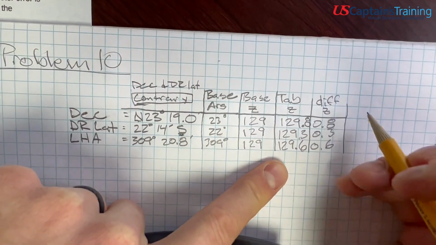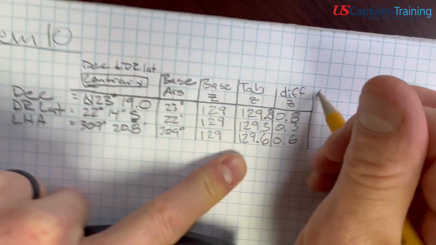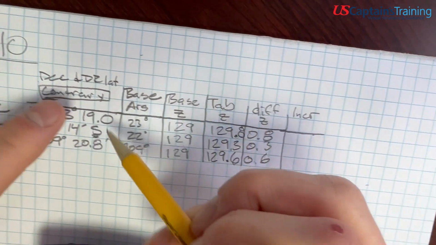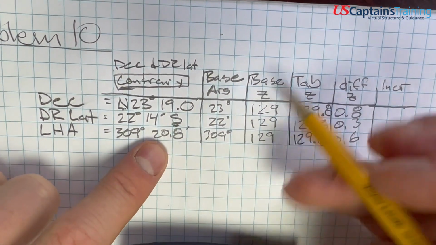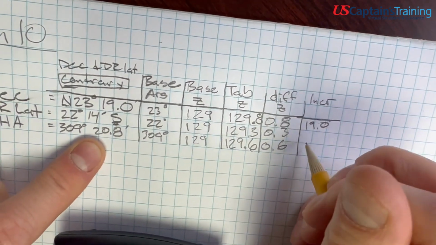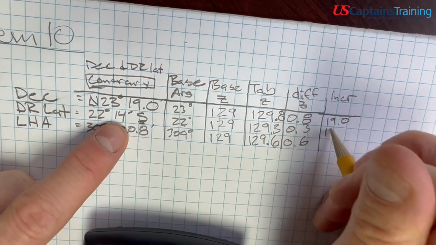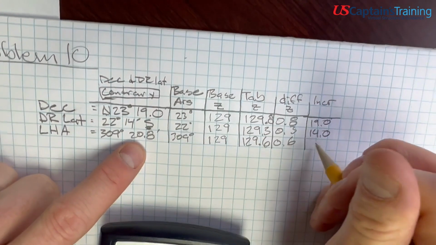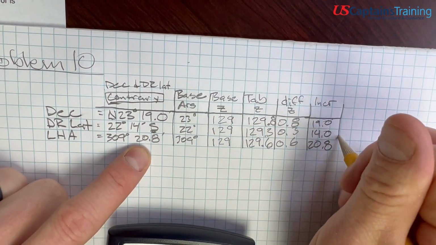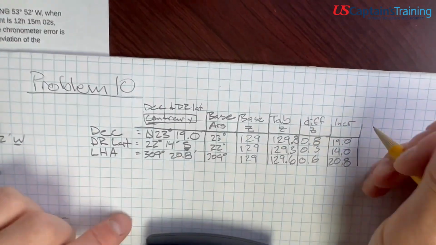And now we need to get the increments. So the increments are simply these minutes. The increments here are 19.0, 14, and 20.8. Those are the increments.